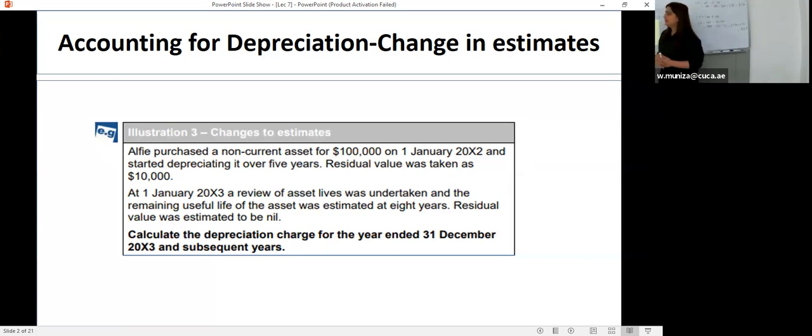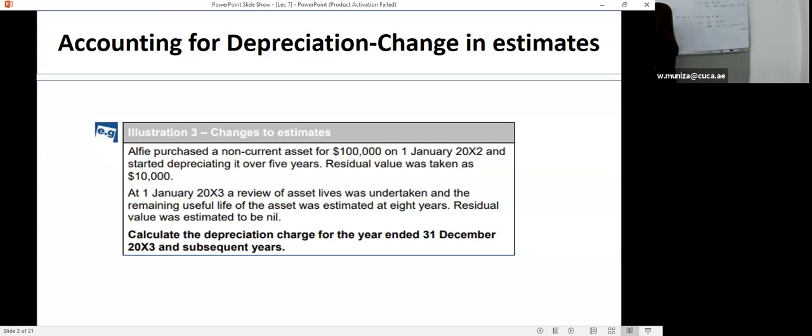Have they mentioned it anywhere? Then how do you establish which method is going to be used? You have to see the data which is given in the question. They are giving us the data for residual value and estimated useful life of an asset. So it means that we are going to charge the depreciation as per straight line.